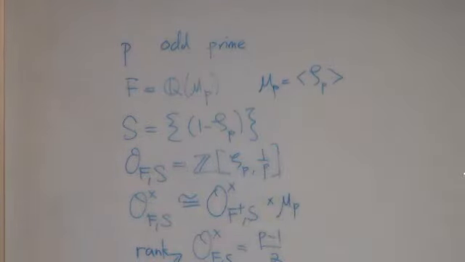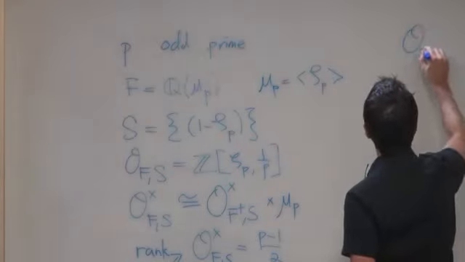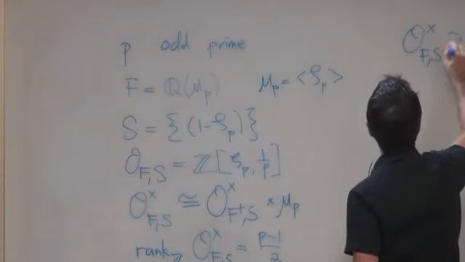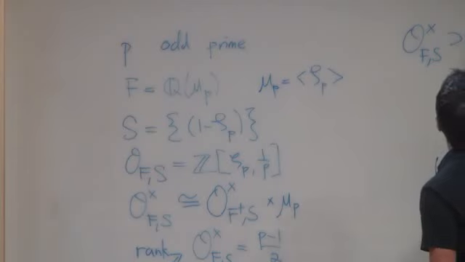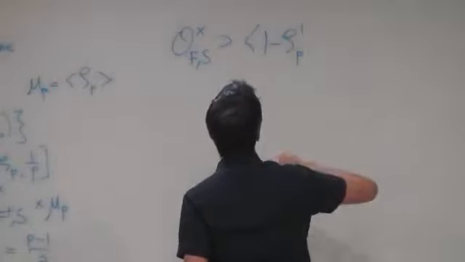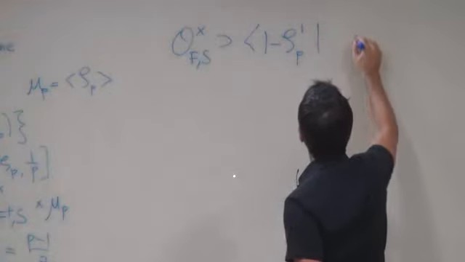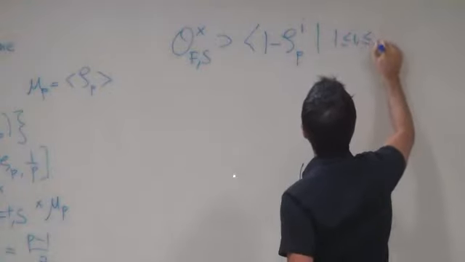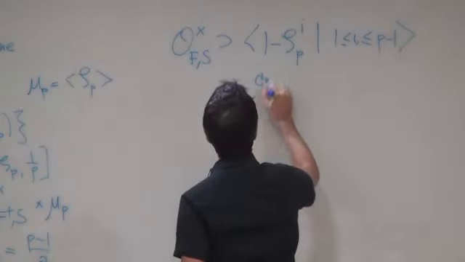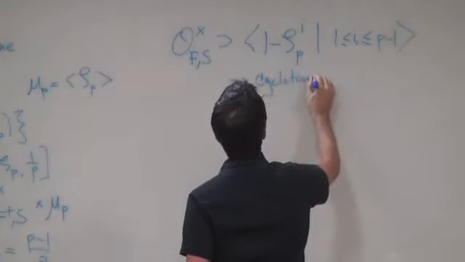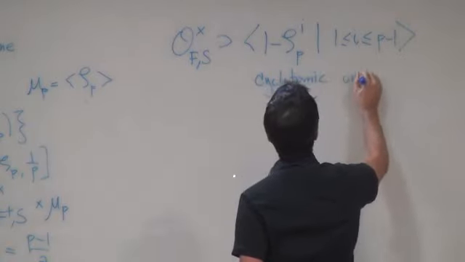Okay, so inside the units, there's a nice subgroup of units consisting of those generated by 1 minus zeta_p^i for all i between 1 and p minus 1. This group is called the cyclotomic p-units. It includes, it's easy to see, a pth root of unity.